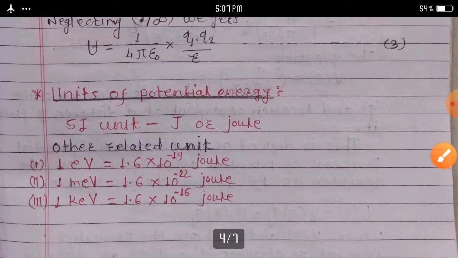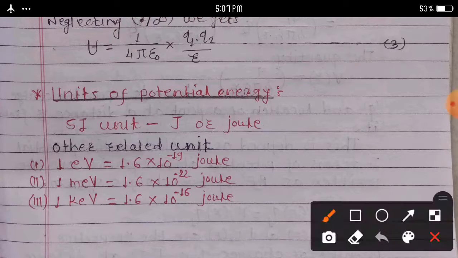Then we discuss some units of potential energy. The SI unit of potential energy is joule. Symbolically we denote it by capital J, and in full we write joules.